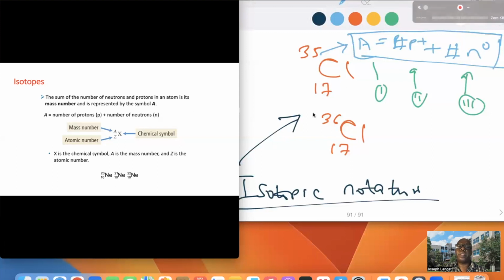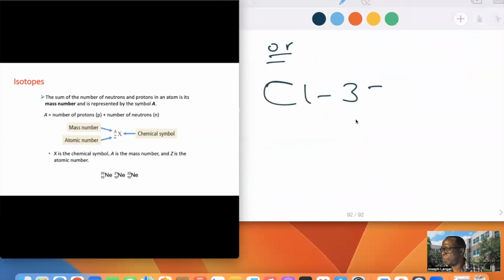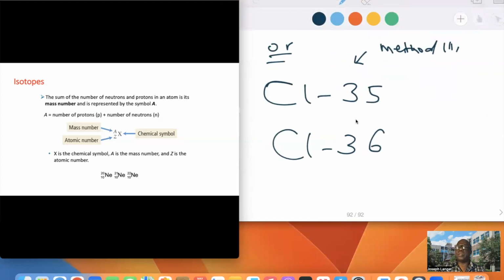Either you are given it in this format, or I would say chlorine-35. This is method 2, where you are given the chemical symbol and a number.